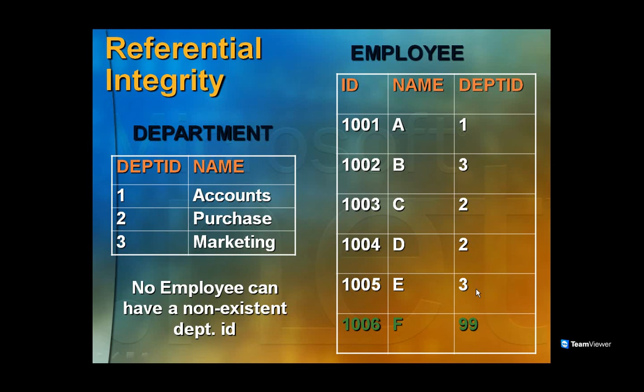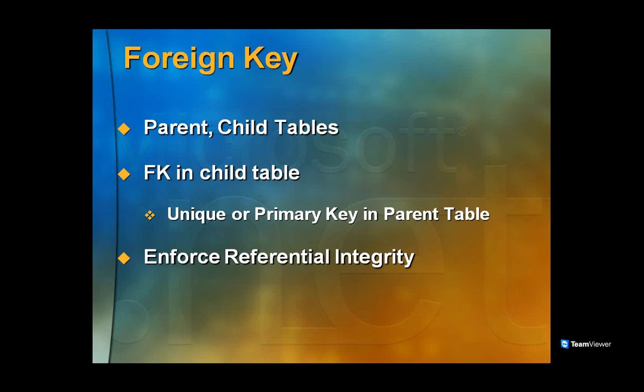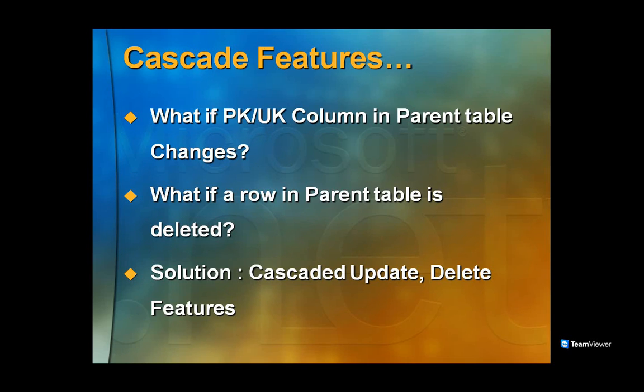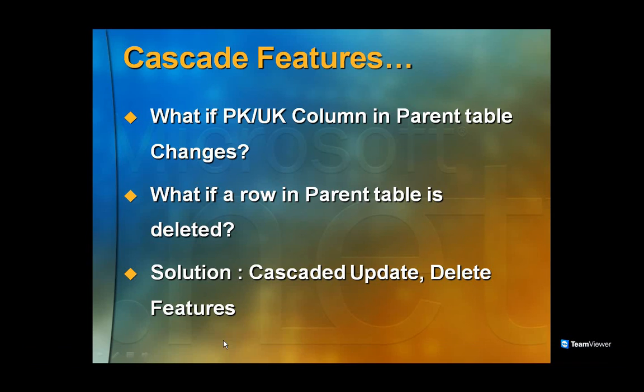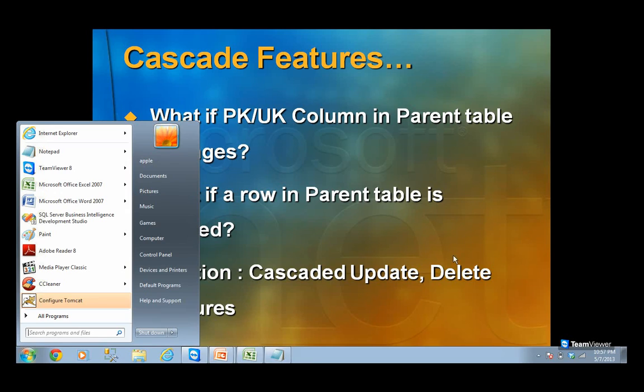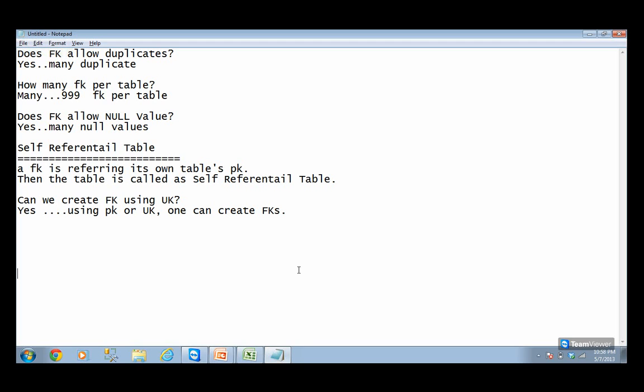That is what is known as cascading features. What if the primary key or unique column in the parent table changes? What if a row in the parent table is deleted? The solution is cascade update and cascade delete features. So what happens is, when something gets deleted here, cascade update and cascade delete.